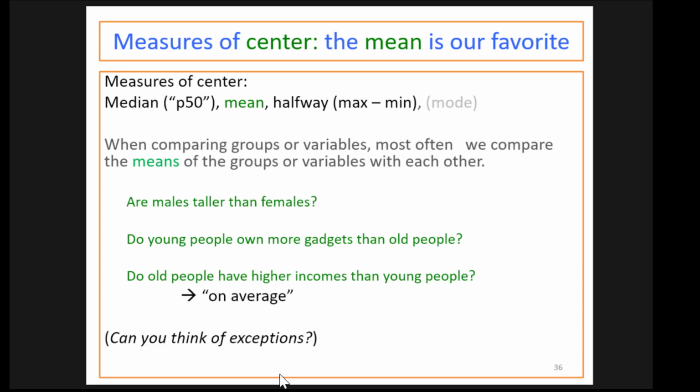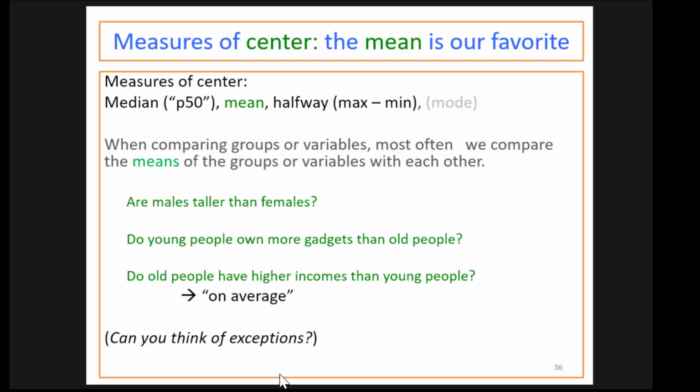So I want to know how many kids do people in the Netherlands, let's say, have. I can count them all, and then I can make a distribution. Okay, there are this many that don't have any children, this many with 1, with 2, with 3, with 4. But if I want to make a comparison between groups, do foreigners have more children than Dutch people? Then again, I sort of have to look at these averages, even though I know that 3.3 children cannot exist.